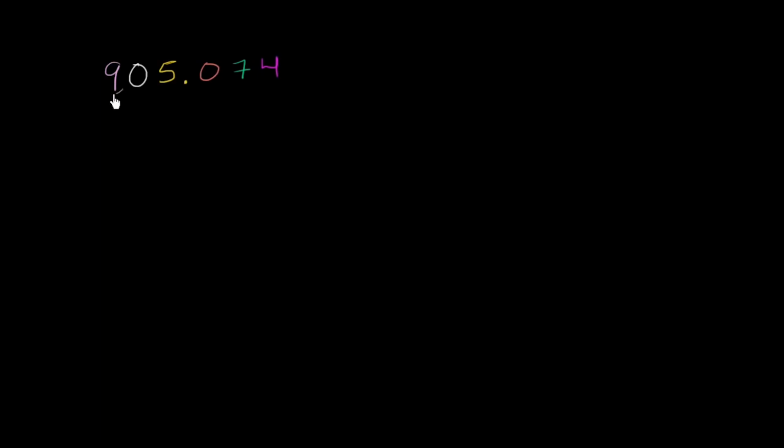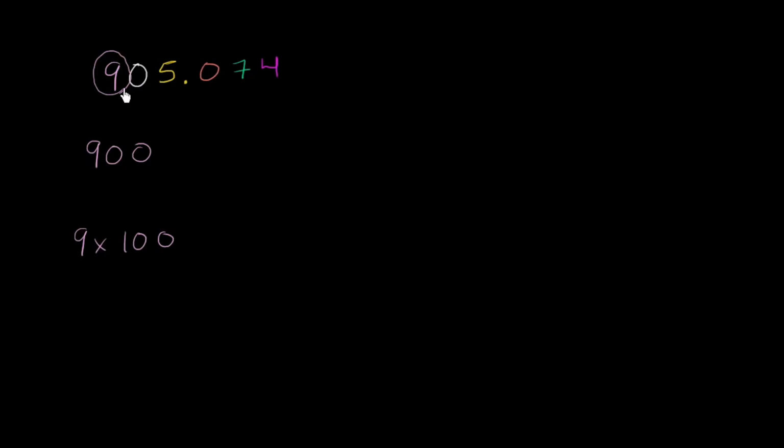The 9 right over here, this is in the hundreds place. This literally represents 9 hundreds. So we could write it as 900, which is the same thing as 9 times 100. Now this 0 is just going to represent 0 tens, but 0 tens is still just 0, so we don't have to really worry about that.